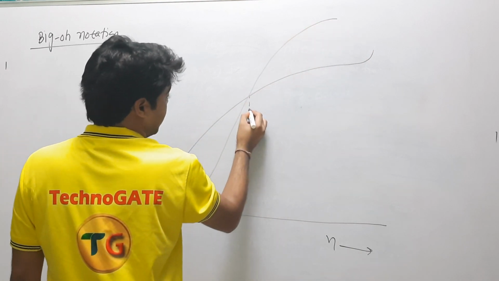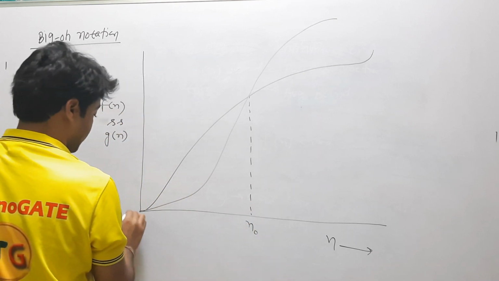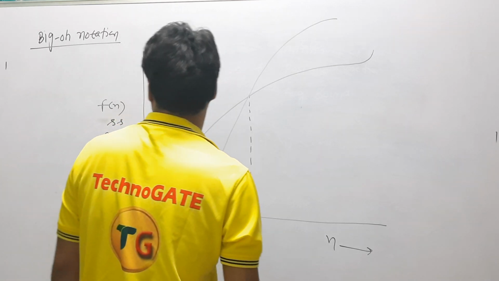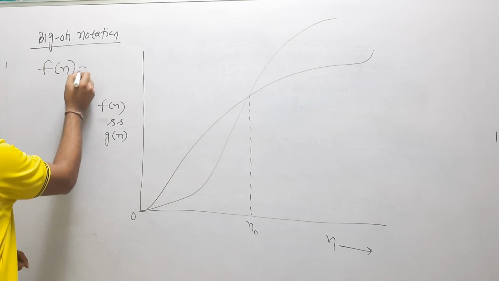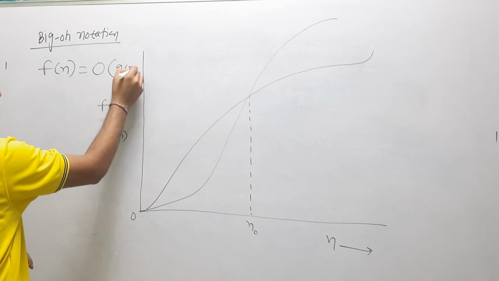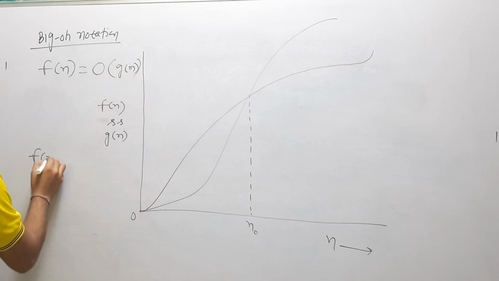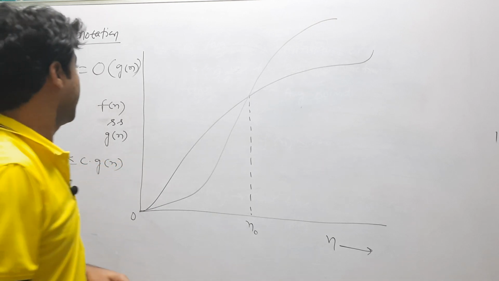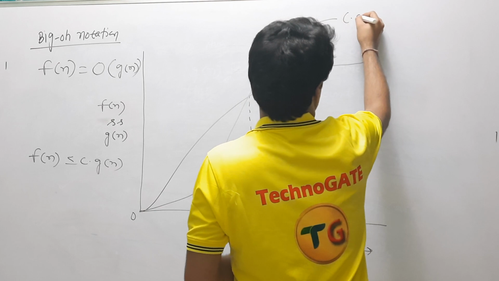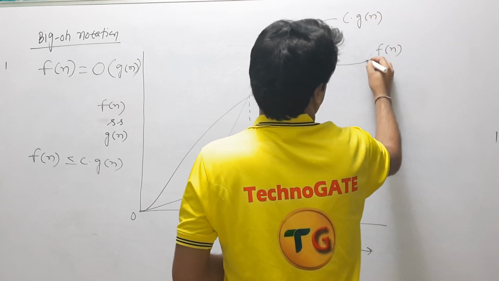Suppose that is the meeting point, like this is n0 and this is 0. After this point, if F(n) is big O of G(n), it means the G(n) growth rate must be larger than F(n), so F(n) is less than or equal to C times G(n). Here is C times G(n), and this is F(n).